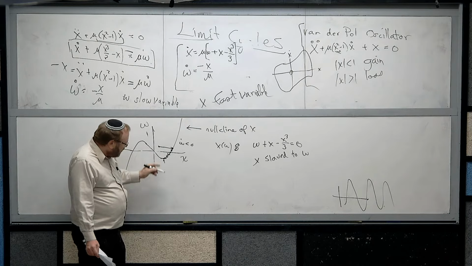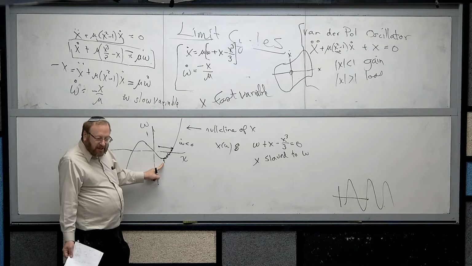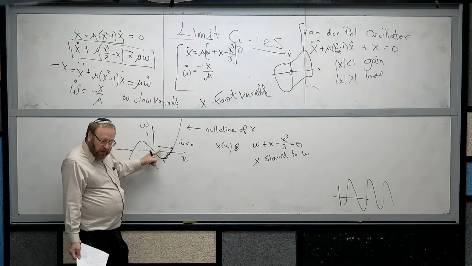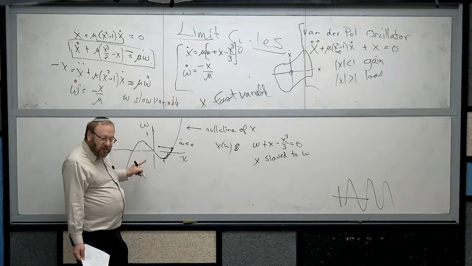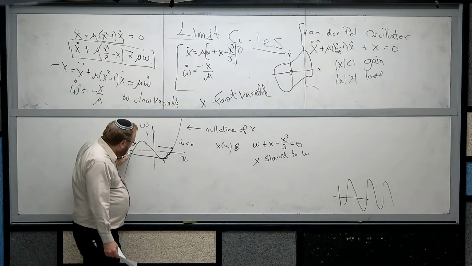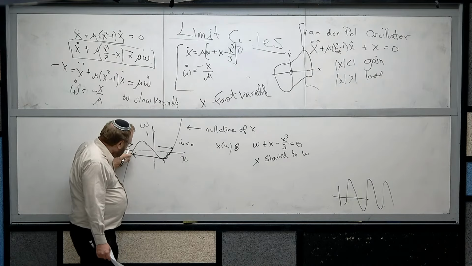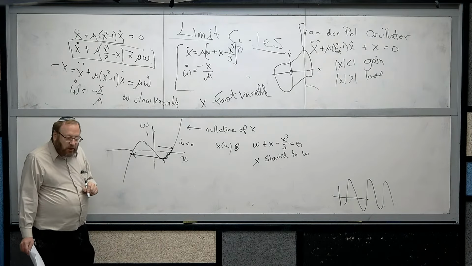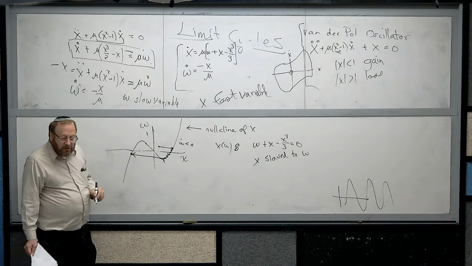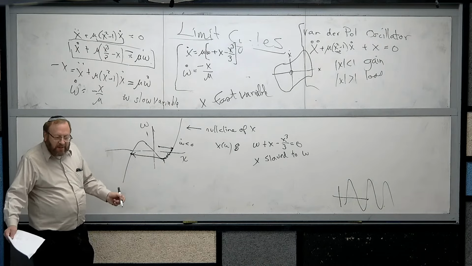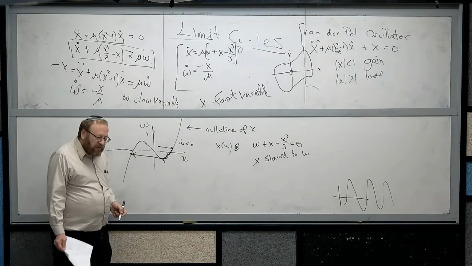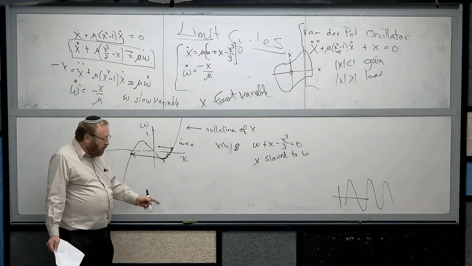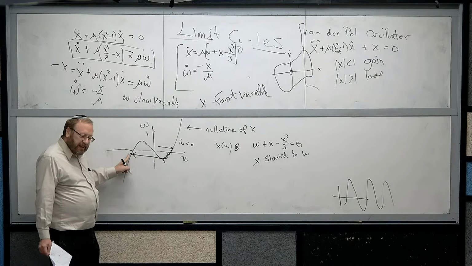Once omega drops here, there is no x anymore on the null line. So what happens? You zoom to here. You have to leave the null line, because you ran out of the null line. You sort of ran off the cliff, and you fall super quickly to here.